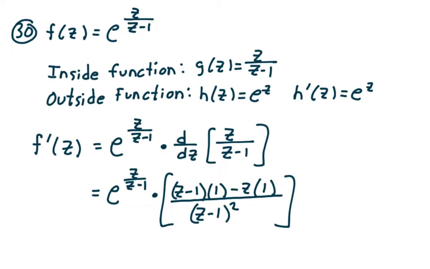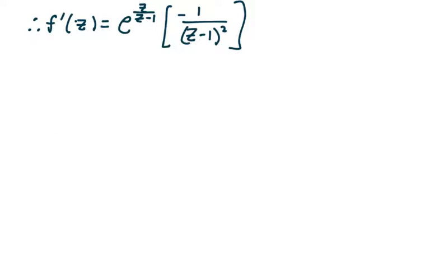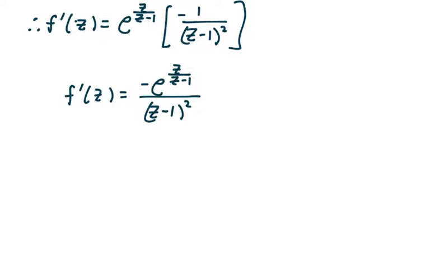Because if we come back, notice how the z's cancel, right? And you're just left with negative 1 in the numerator. And so, again, this says f prime of z is negative e to the z over z minus 1 divided by z minus 1 to the second. And that's how we do problem number 30.